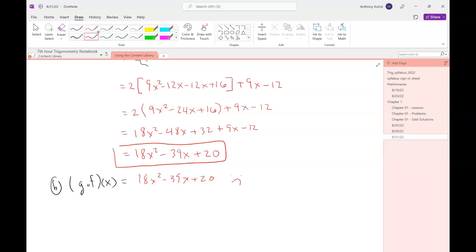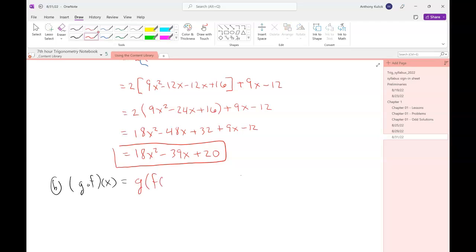Composition is not necessarily commutative. Now, sometimes it could be, but it's not always. By commutative, I mean like addition is commutative, where 2 plus 3 is the same thing as 3 plus 2. Composition doesn't work like that. We actually have to do it.